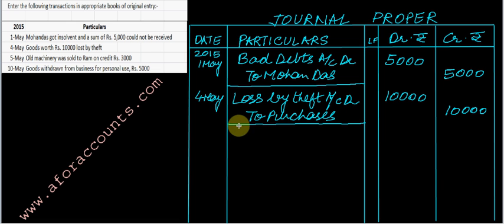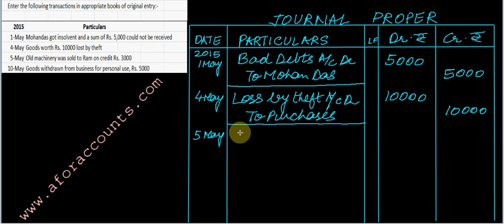Okay, next 5th May. Old machinery was sold to Ram on credit for 3,000. Machinery is going out of the business. Machinery has a debit balance. Generally, it is an asset. Now going out, so I will have to reverse the balance. I will have to credit the machinery balance. And since it is going to Ram, Ram is the receiver.